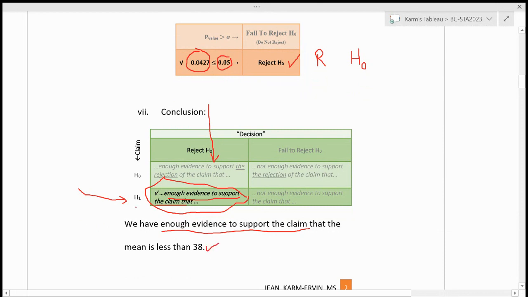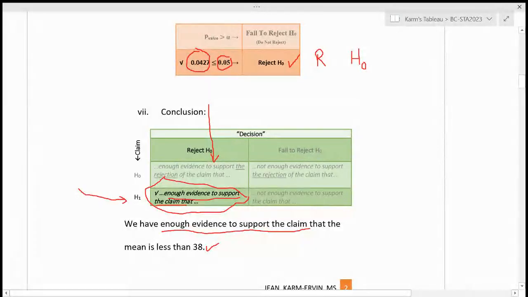So because we reject H0 and the claim was with H1. Okay? But the question I would like to ask you guys, based on that conclusion, is the statement false or true? Let me just write down the question for you.